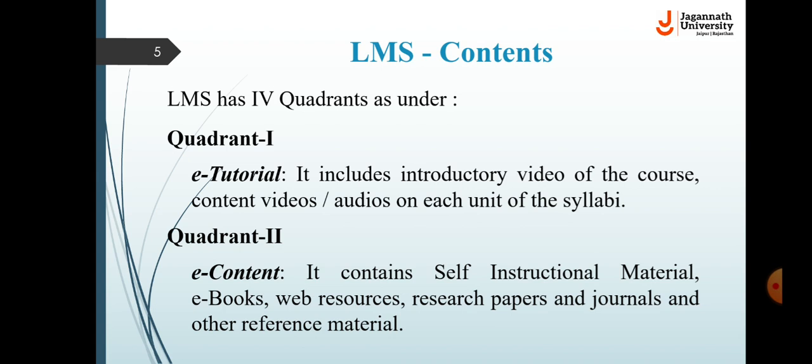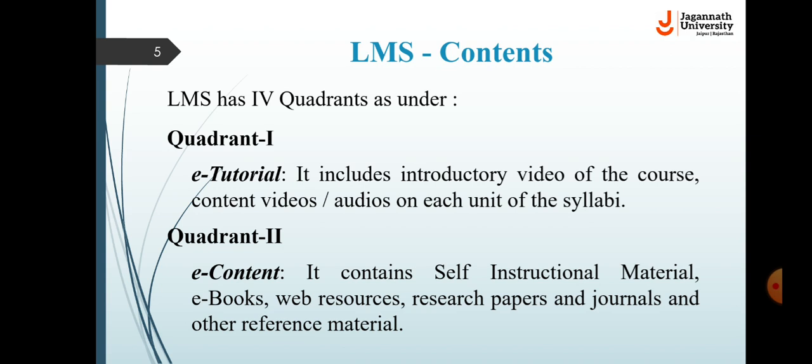The course is imparted through the learning management system. Jagan Nath University has ensured that you develop a holistic knowledge about the domain of banking and insurance through 4 quadrants. Now let us understand why these quadrants.